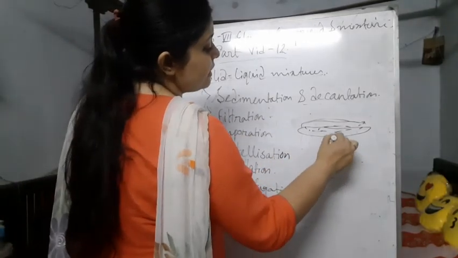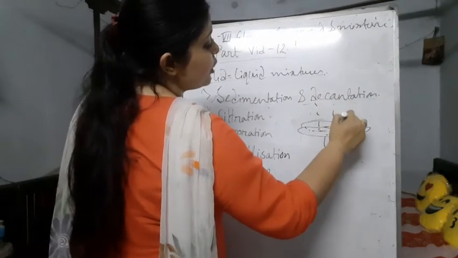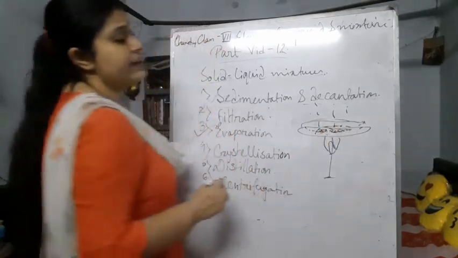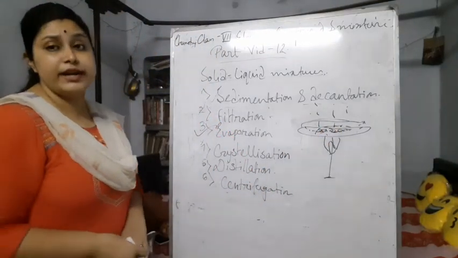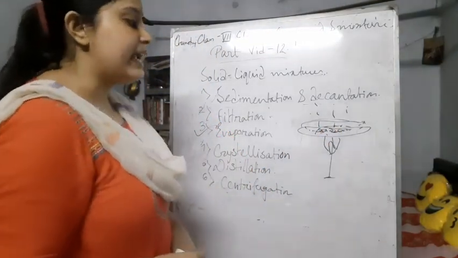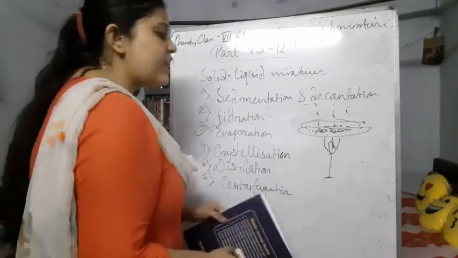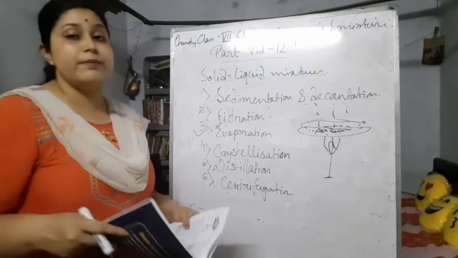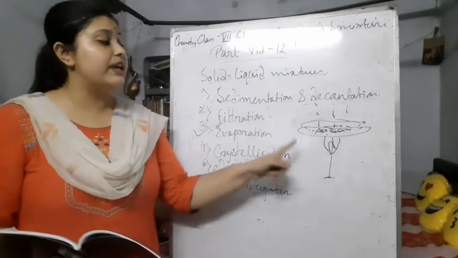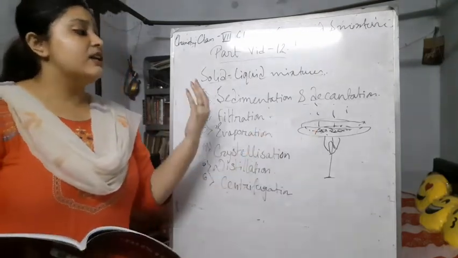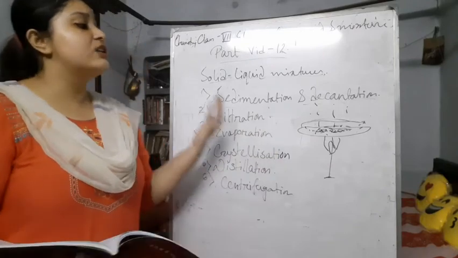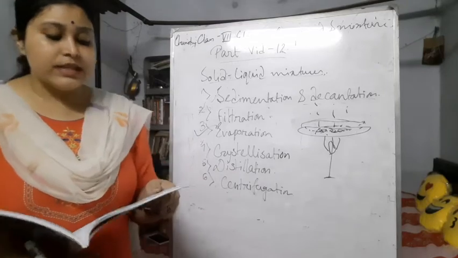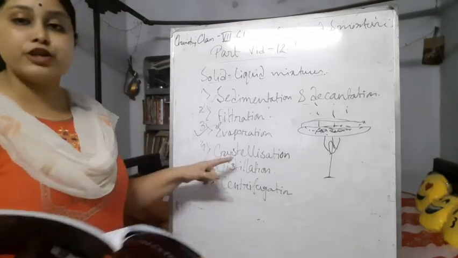By the heat, the water is evaporated out, and the sand particles, as they are heavier, cannot be evaporated by this small amount of heat, so they remain here. In this way we can take the sand and the salts out from the seawater. This is the example of the evaporation procedure.